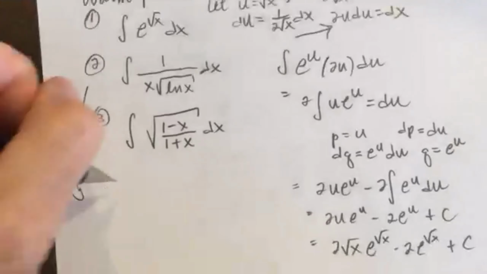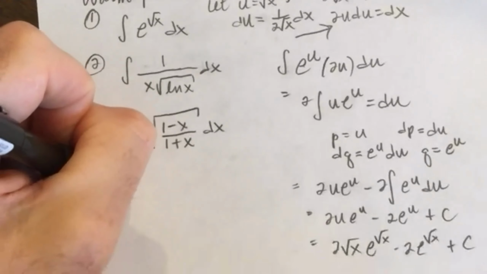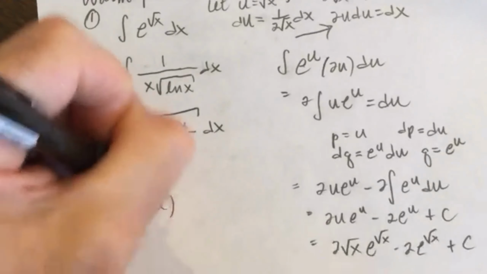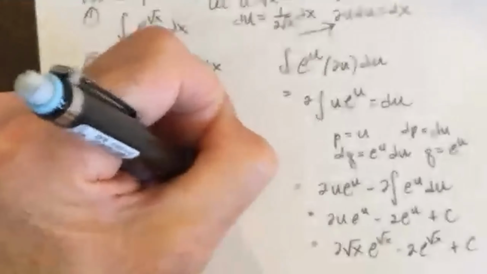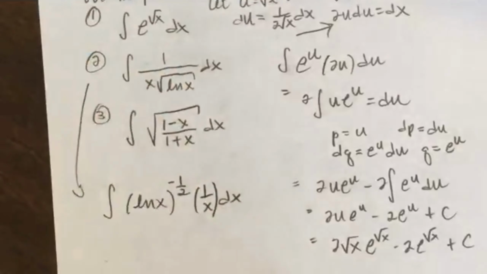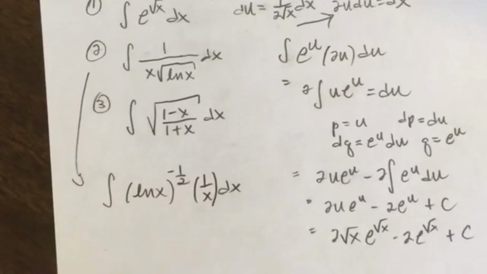So if I move it down here and I rewrite it like this, log x to the minus 1/2 power times 1 over x dx, then I think you can see that the 1 over x is the derivative of the log. So it's something to a power times the derivative of something. It's just a straight chain rule, that's it.